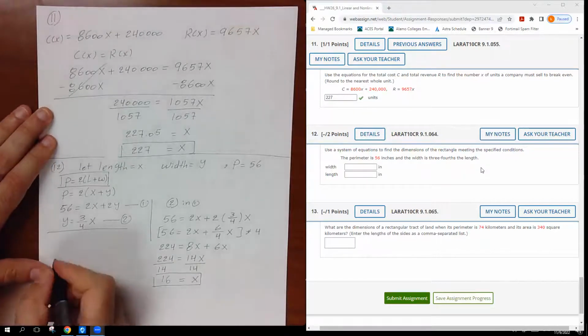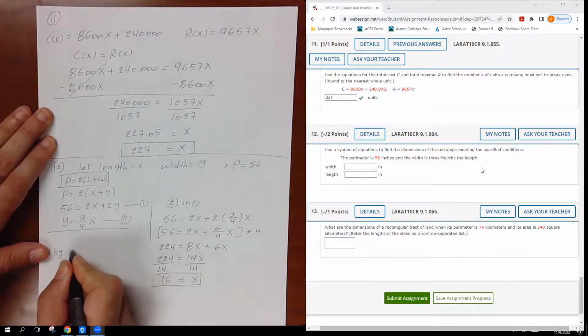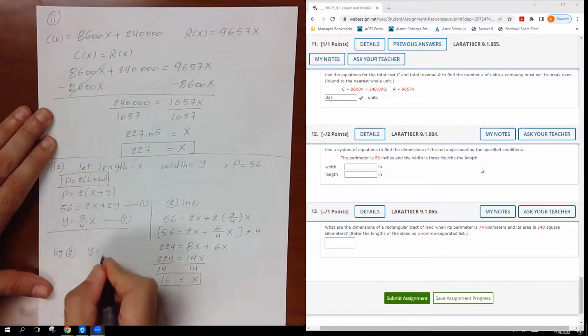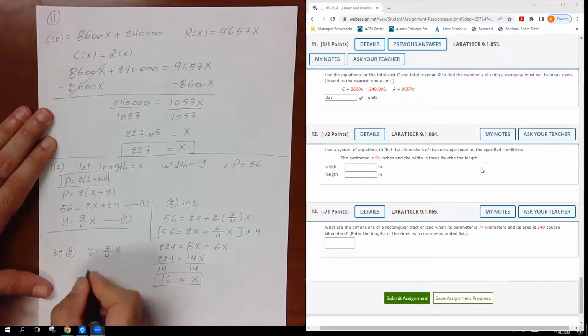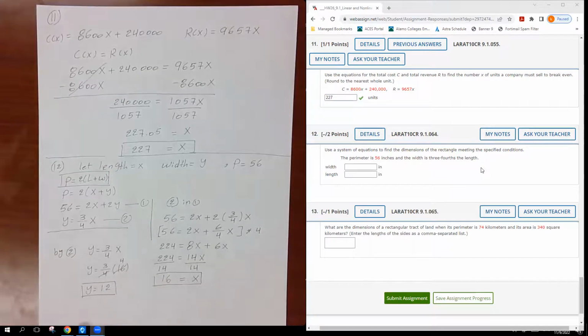Now by 2, we're going to plug in 16 here. That means y equal 3/4x. y equal 3 over 4 and x is 16. Simplify this. So y is going to be equal 3 times 4, 12. So y is 12 and x is 16.